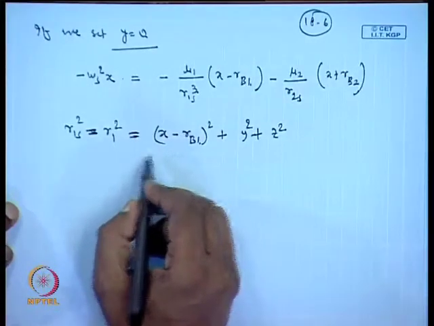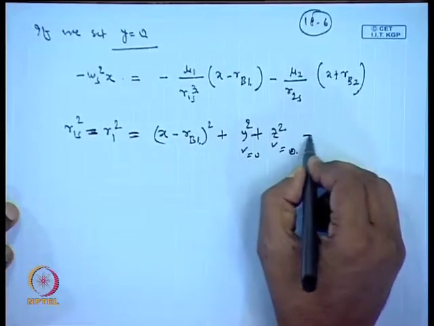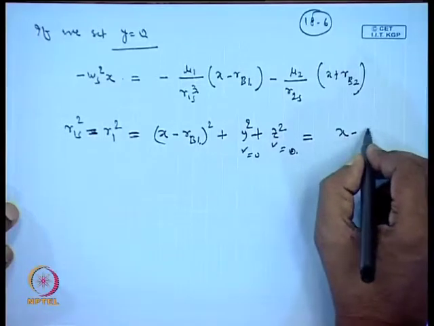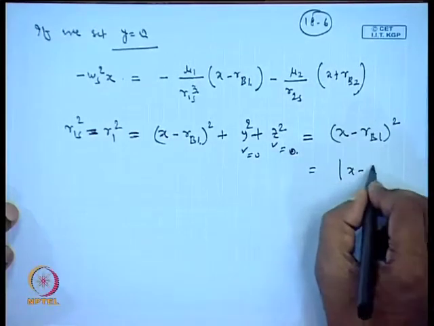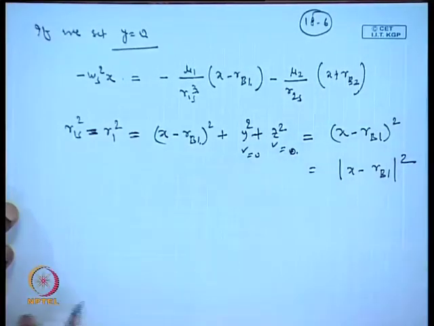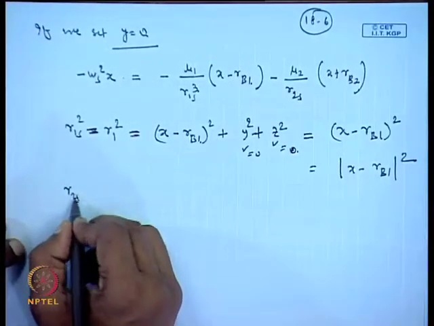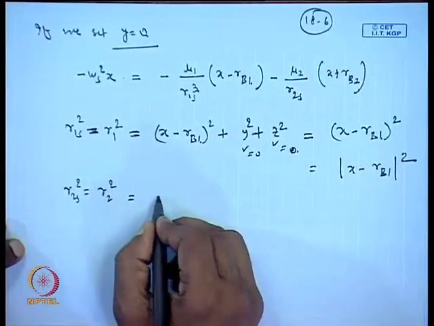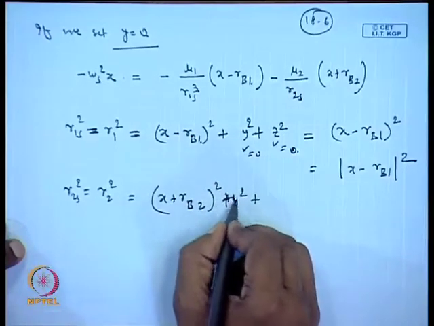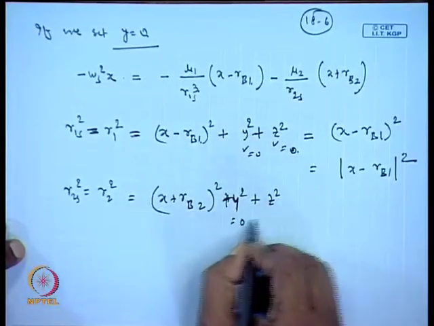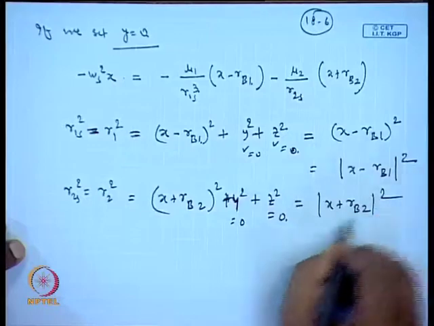Here y and z both are 0, so this reduces to x minus Rb1 square, and we write this in this way. Similarly, R2s square is x plus Rb2 square plus y square plus z square, where y and z are 0, so this reduces to x plus Rb2, magnitude square.